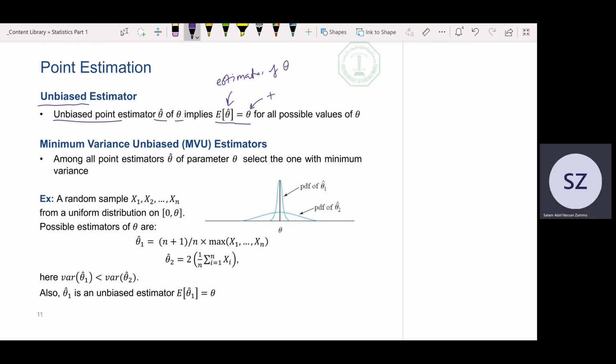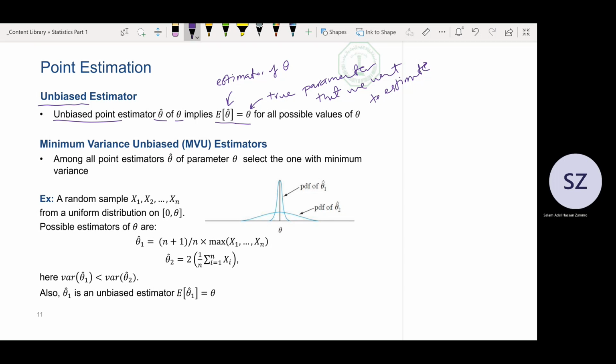Theta is the true parameter that we would like to estimate. Is the difference clear? We agreed that theta hat is a random variable, right? If this random variable's average is equal to the true value, then this is what we call an unbiased estimator.